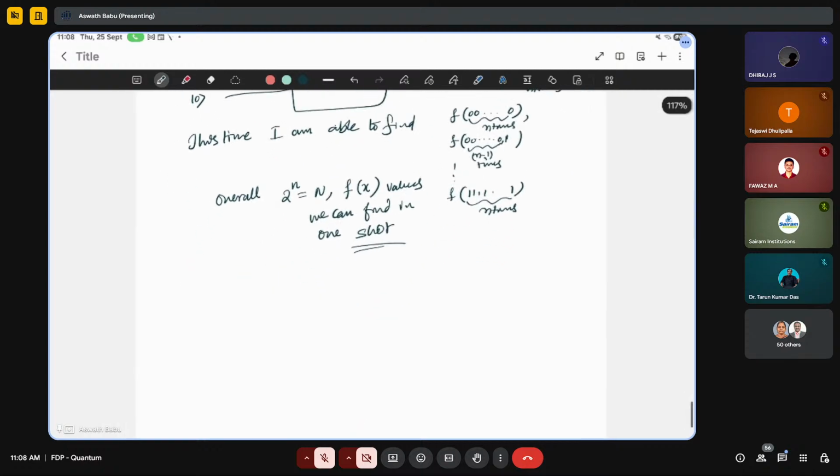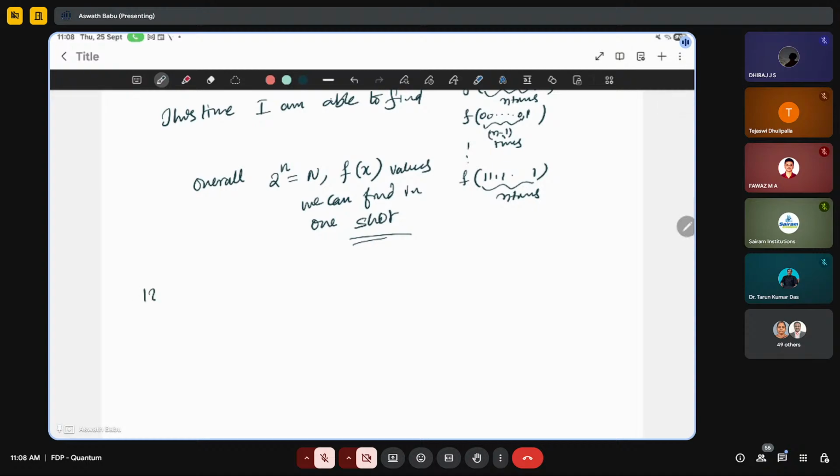So in short, if you want to generalize, your input is the summation over 2 to the power of n, with probability amplitude 1 by square root of 2 to the power of n, of |x>, and |0>. This is the input, where x belongs to {|0>,|1>} tensor n.